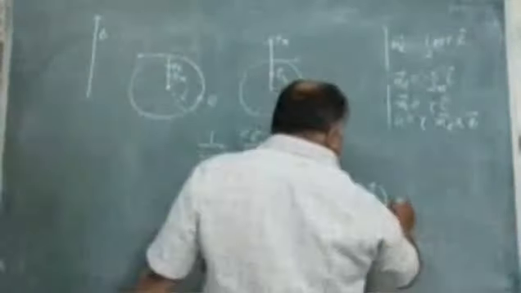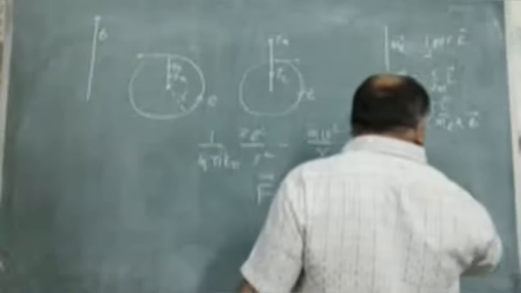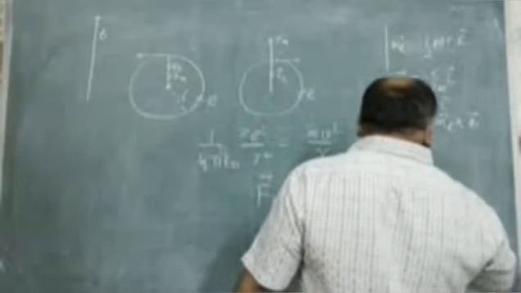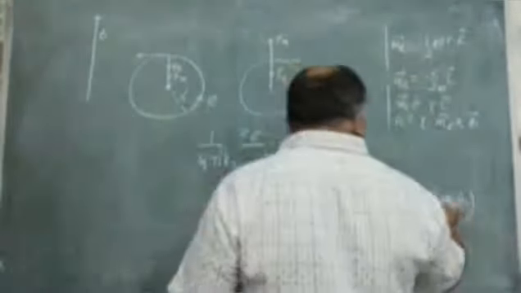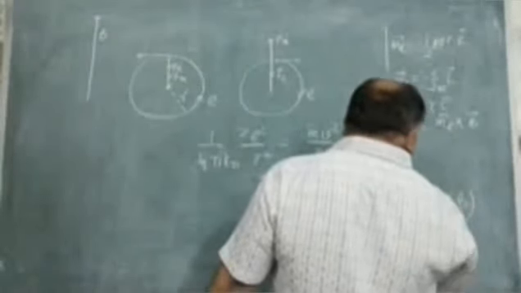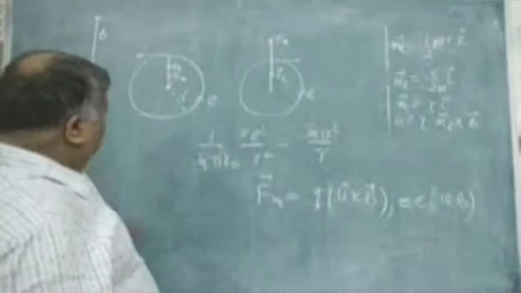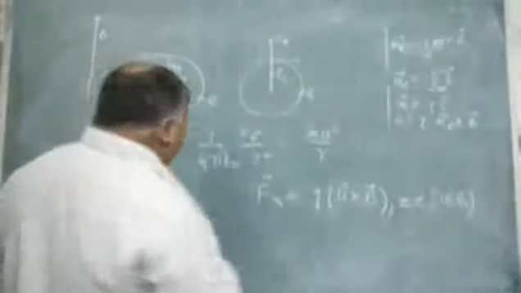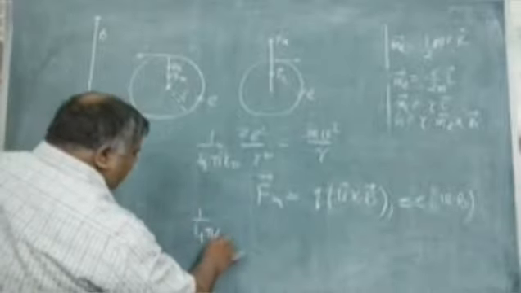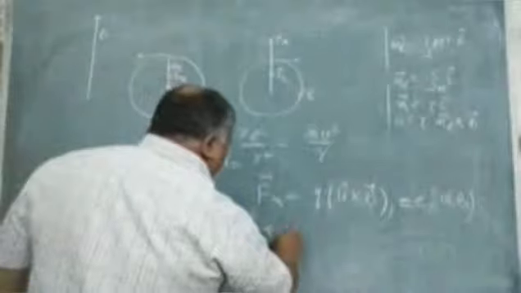So in case of electron it is minus e, v cross B. We write like this, magnitude wise, this direction is shown here. So we can write now the equation of motion like this: 1 upon 4 pi epsilon, Z square e square over r square, plus e v B.